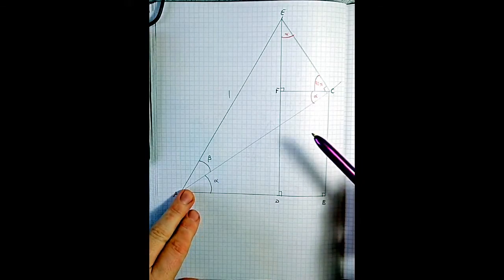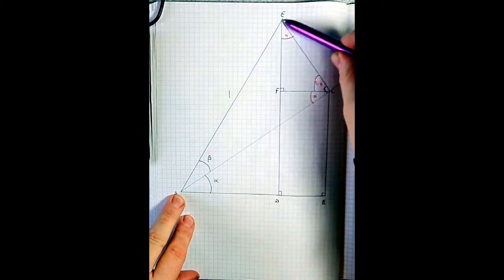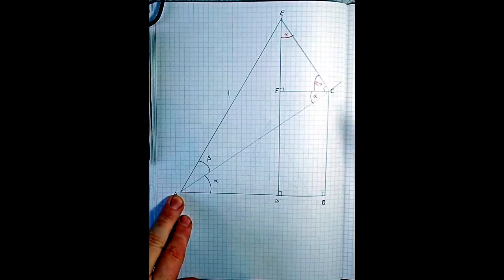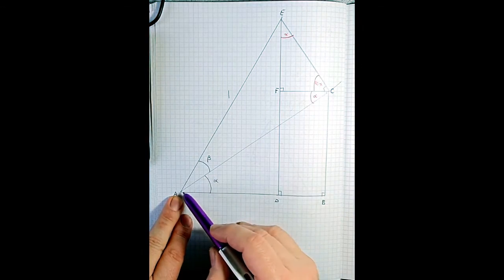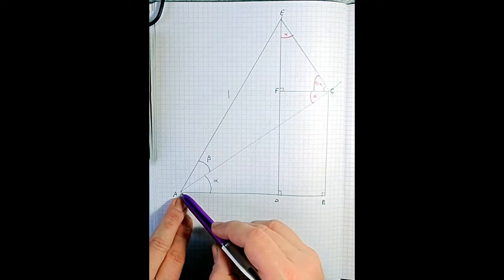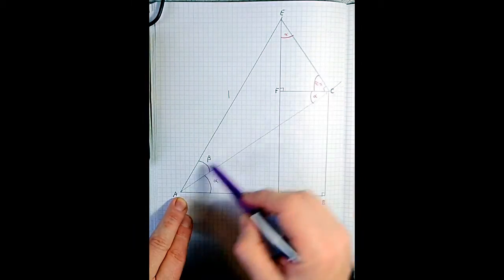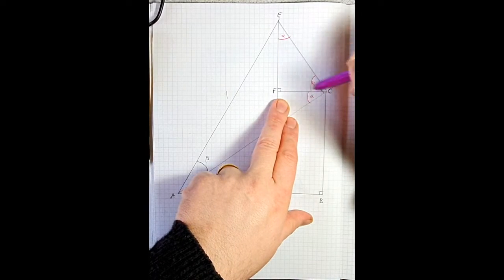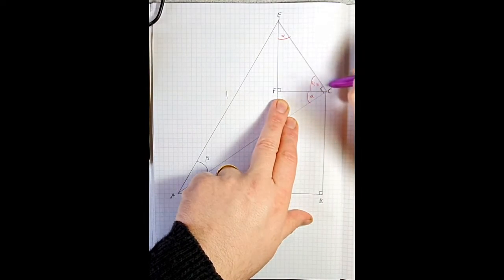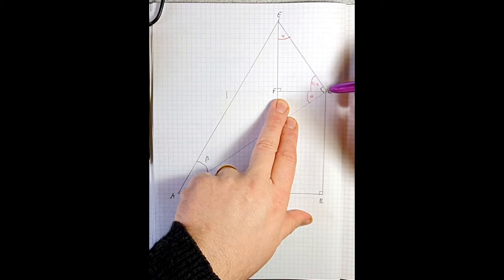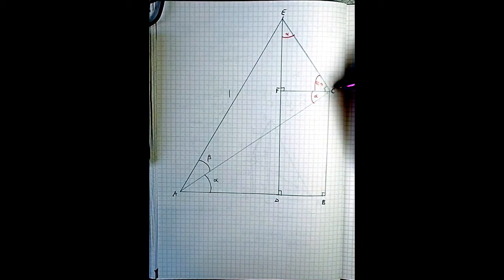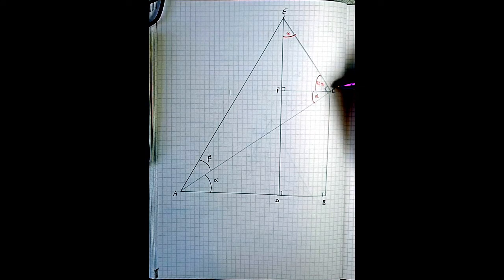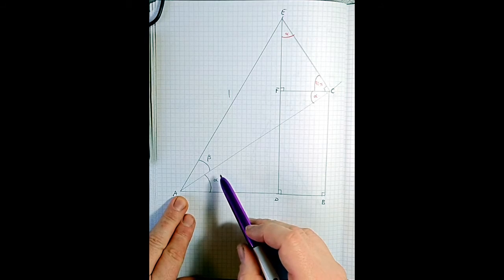Because this line AE is 1, then in the triangle ACE, no, that's not true. In the triangle CFE, is it this side that I want? No, I'm going to go back to this one.